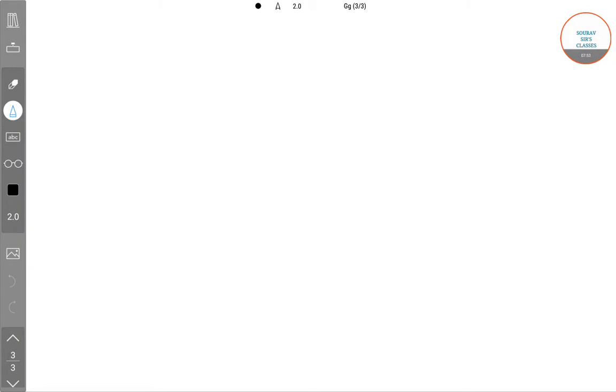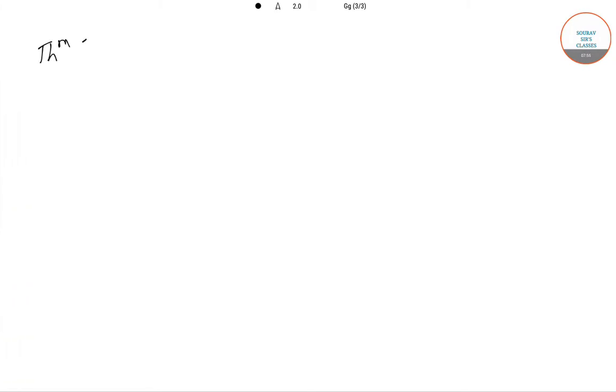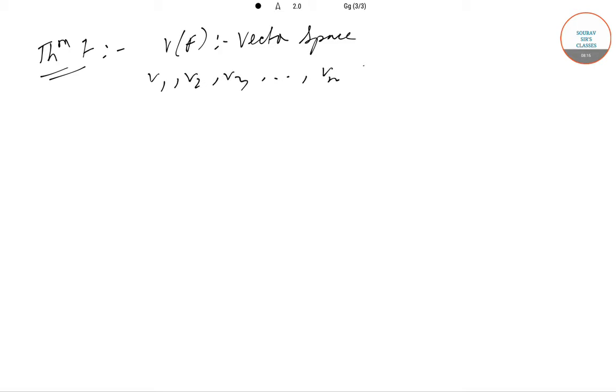Let's move on to Theorem 7. In Theorem 7, it has been said that we have a vector space V(F), and then we have a set of non-zero vectors. The vectors v1, v2, v3 up till vn are vectors of V, and vi is not equal to 0 where i lies between 1 to n.